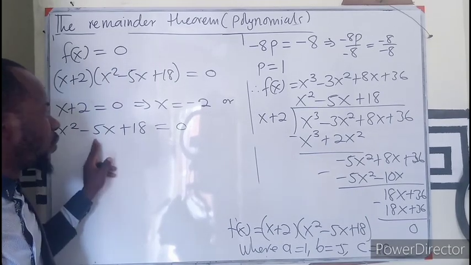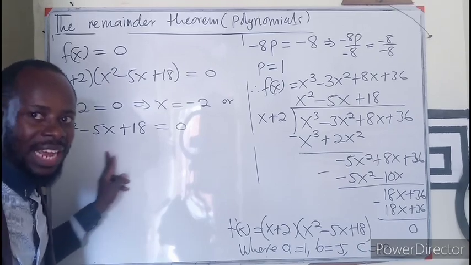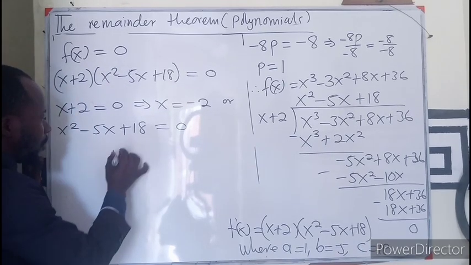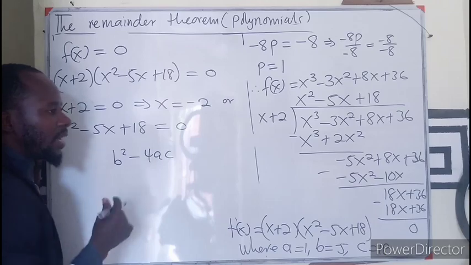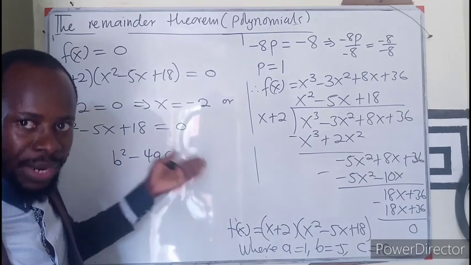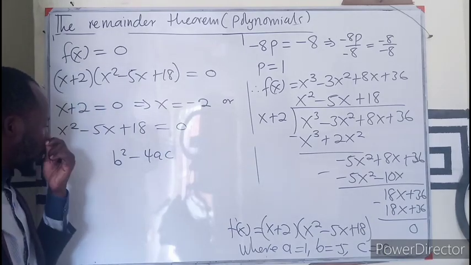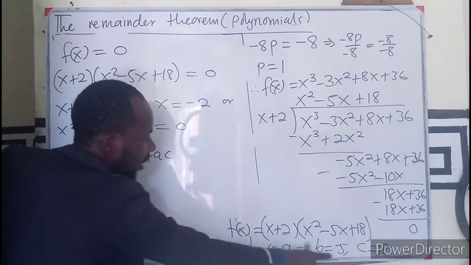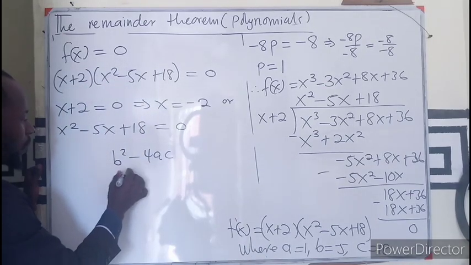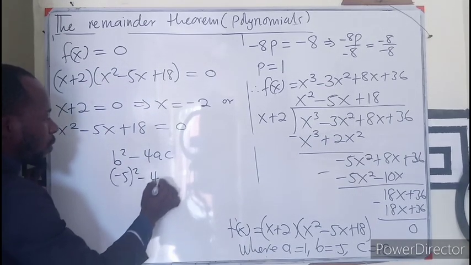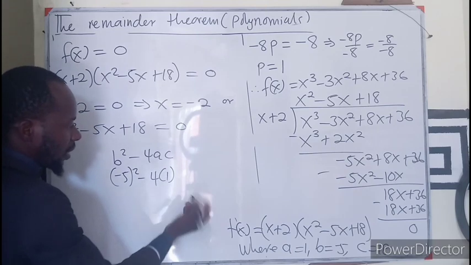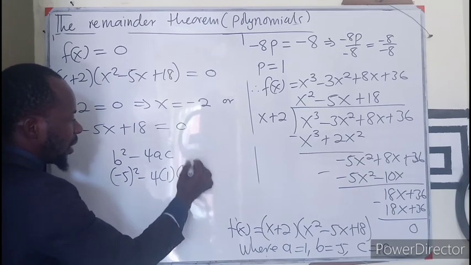So we know that there is no factor of 18 that, when you add, you will get 5. So let's check the discriminant, which is b squared minus 4ac, and see whether we are going to have any real solution or real root. We know our b is minus 5, so minus 5 all squared, minus 4 times a, which is 1, times c, which is what? 18.